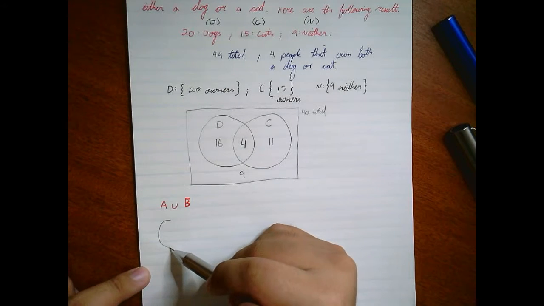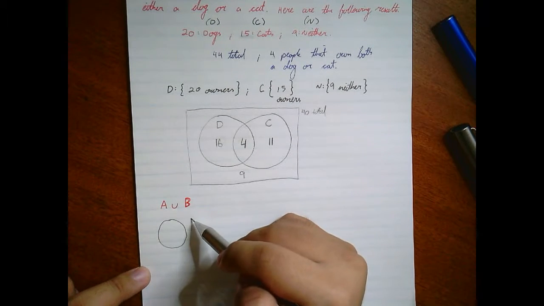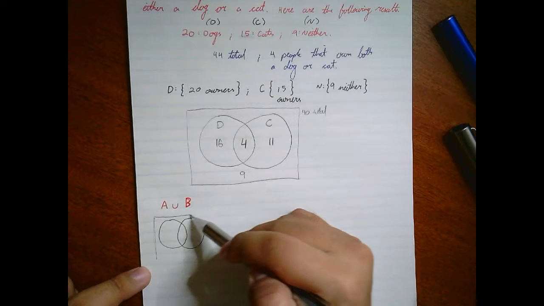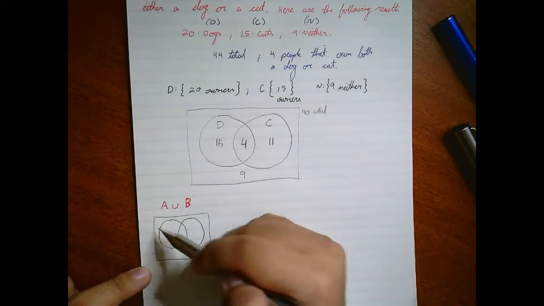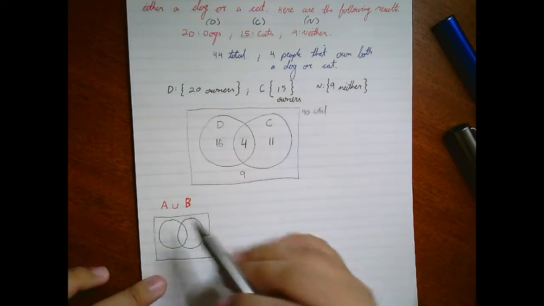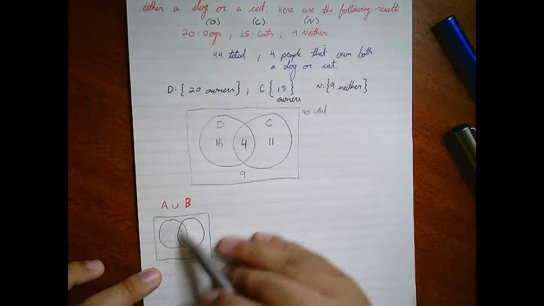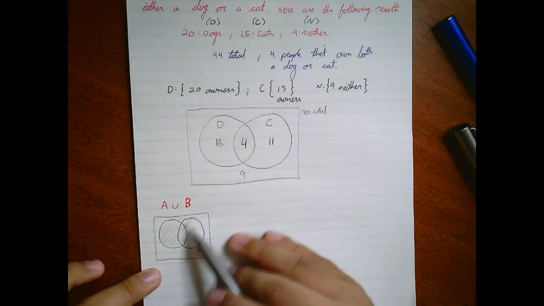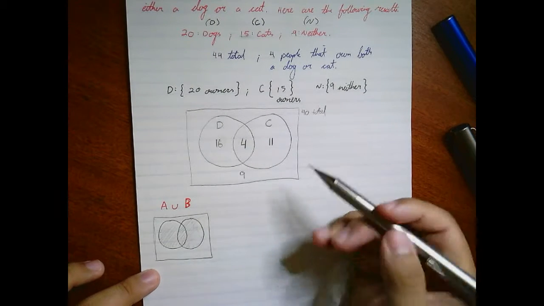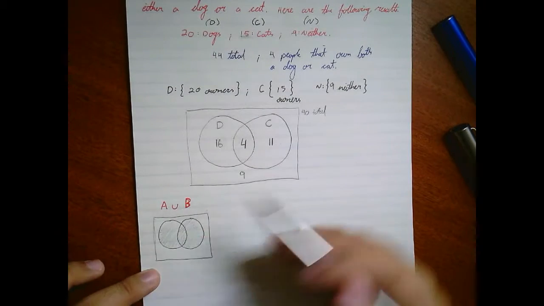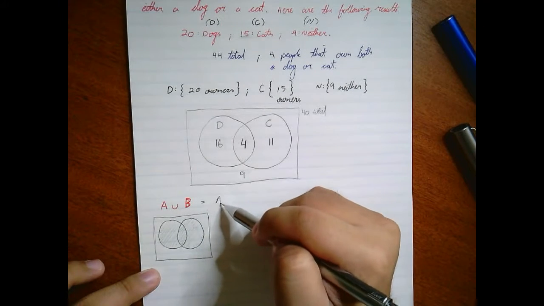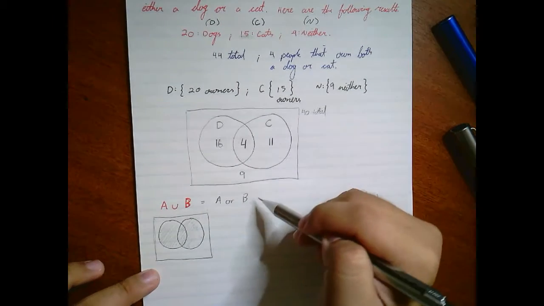If we have some group A, some group B, and we have the Venn diagram on the outside, A union B would be this region here. I'm going to shade it. It's A or B. In words, we could also say it's the same as A or B.